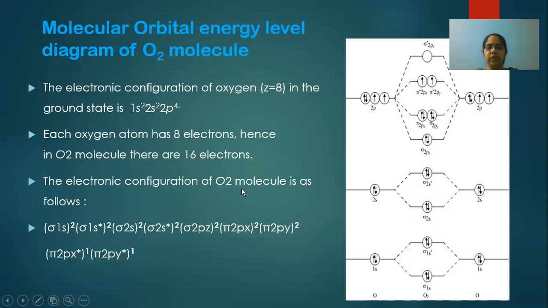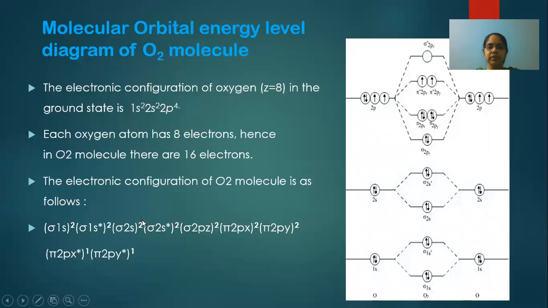The electronic configuration for the oxygen molecule is sigma 1s2, sigma star 1s2, sigma 2s2, sigma star 2s2, sigma 2pz2, then the electrons enter into pi 2px, pi 2py. The filling of these orbitals takes place as per Hund's rule, so pi 2px2, pi 2py2. Till here, 14 electrons are filled.